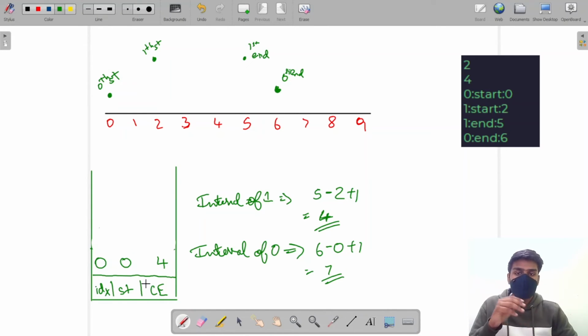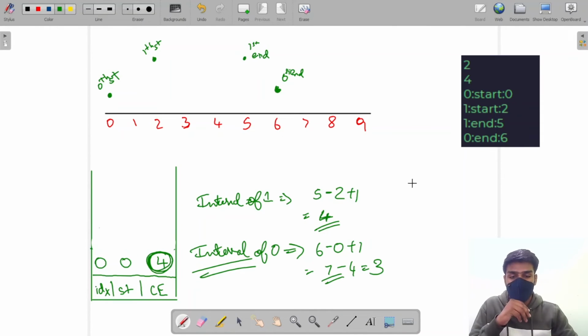So the interval of 0 is 7, and we have to subtract the child execution. 7 minus 4 is 3. So our answer should come 4 and 3. I hope you understood this dry run. We just have to create a stack, push the values and pop the values.